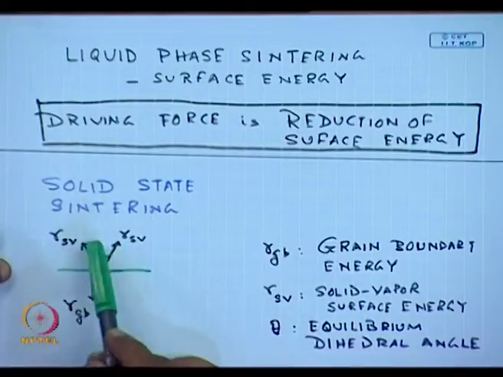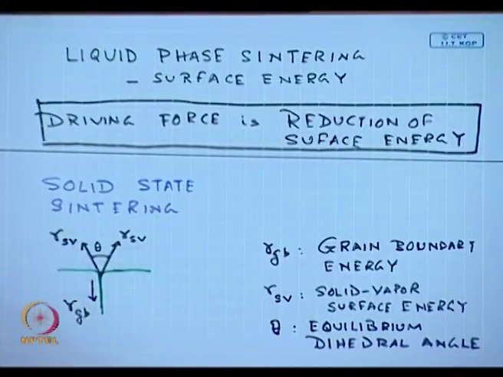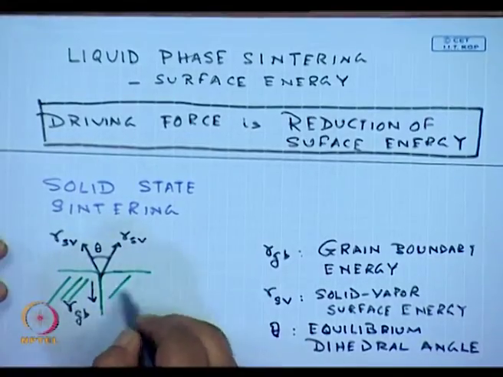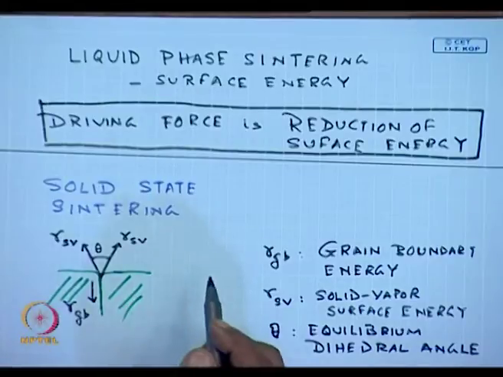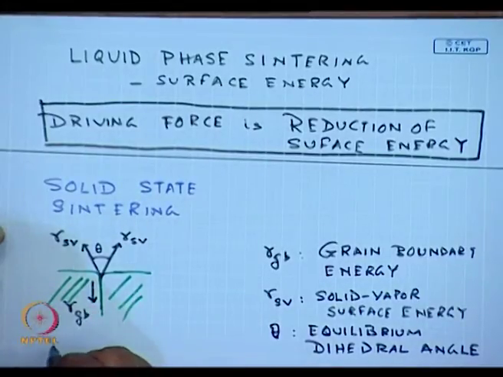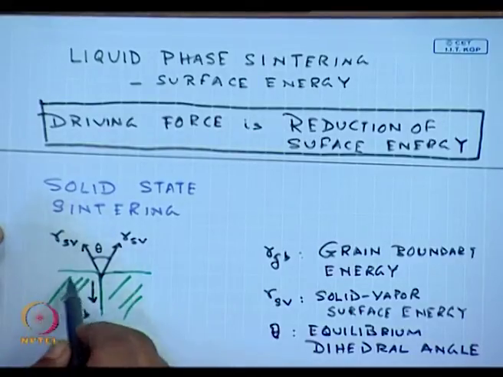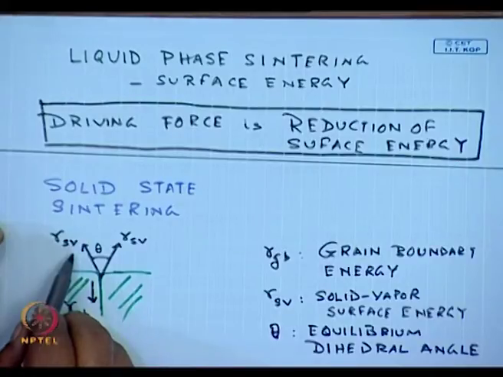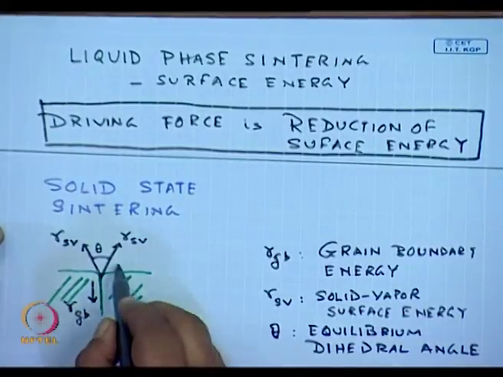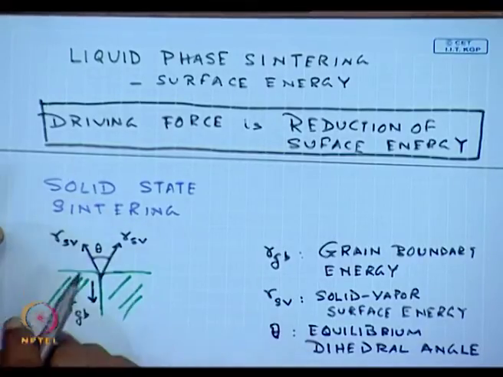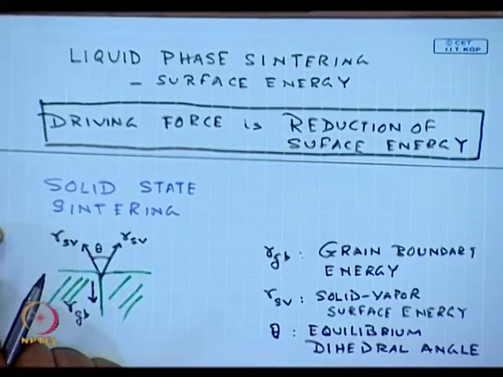If I look at this diagram for solid state sintering, I have a grain boundary here, this is a grain and this is a grain. This is the grain boundary energy. And here what I have drawn is the energy due to surface and vapor, and this theta is the equilibrium dihedral angle.